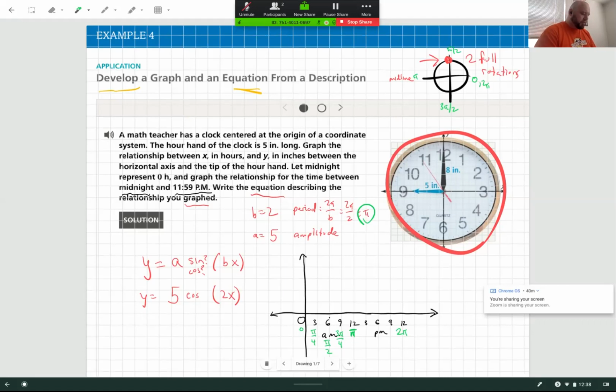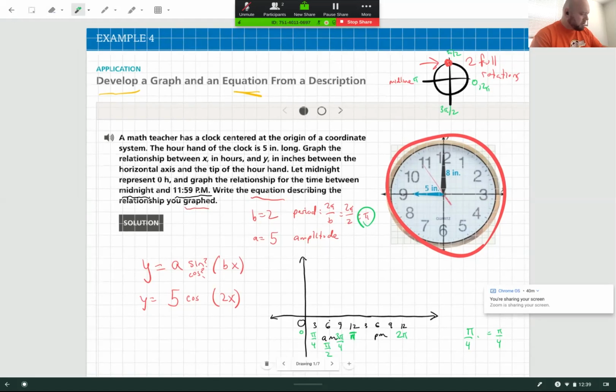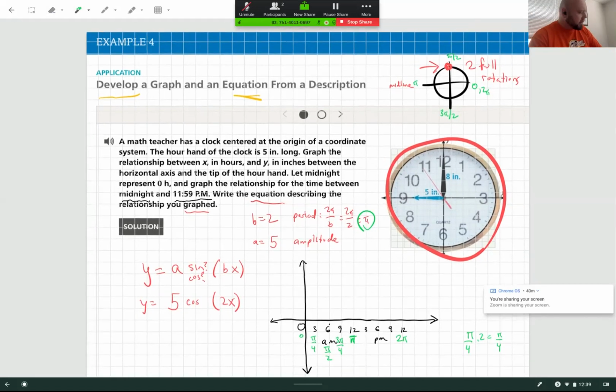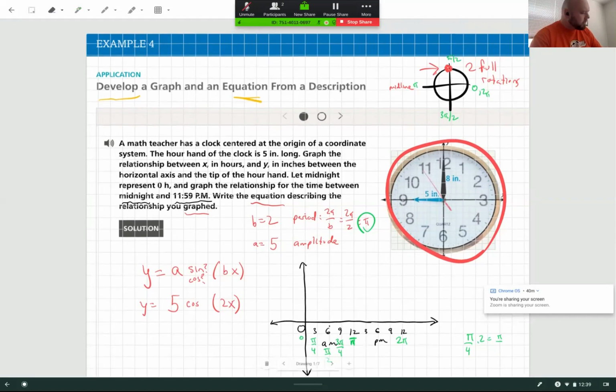So essentially what I'm doing is I'm counting by multiples of pi over 4. If I have pi over 4 times 0, I get 0. If I have pi over 4 times 1, then I get pi over 4. Pi over 4 times 2 would give me pi over 2.